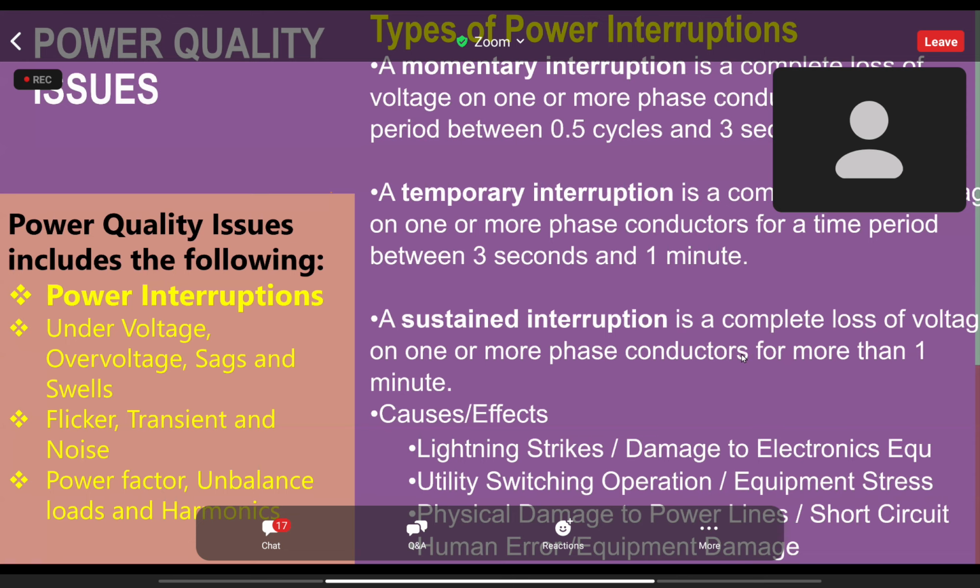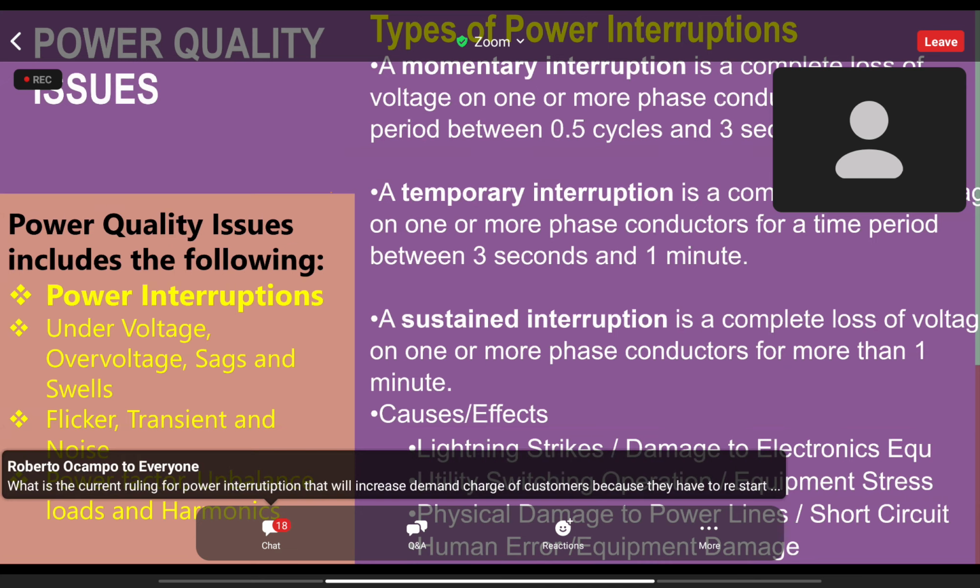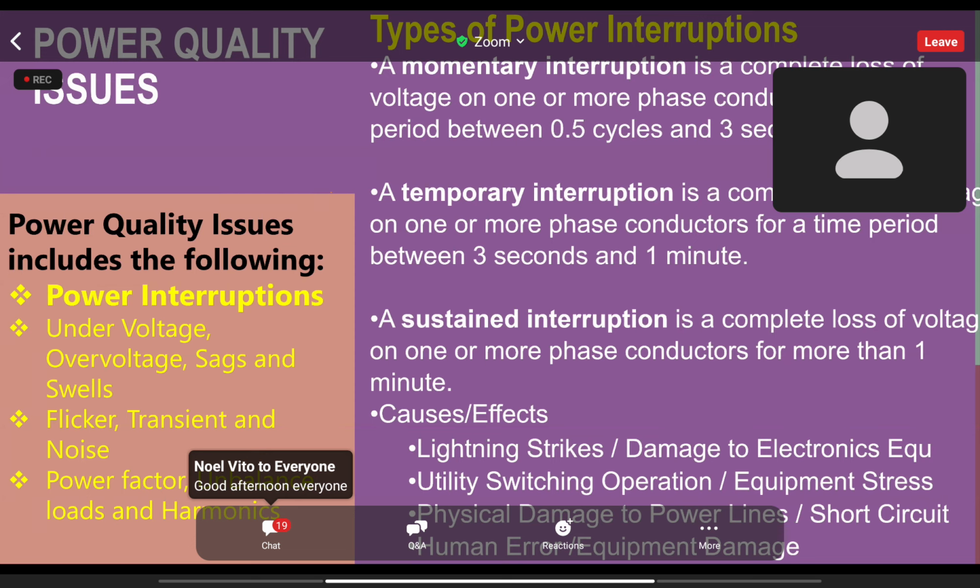So what are the effects and causes of this power interruption? It could be a lightning strike. It can cause a large swell or sag of the power system. It could be utility switching. There is a load, big loads that is being supplied or connected to the system.